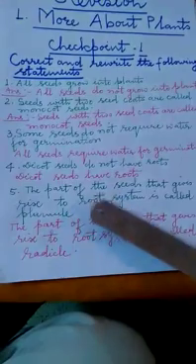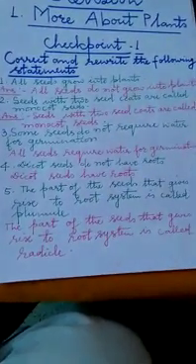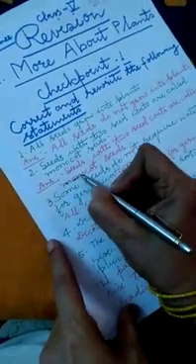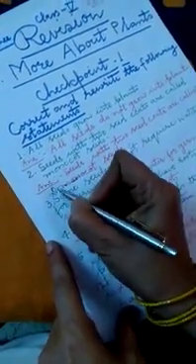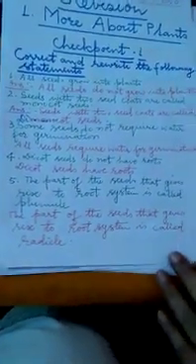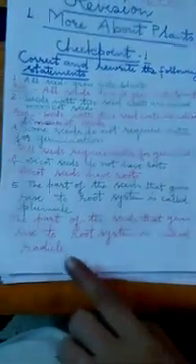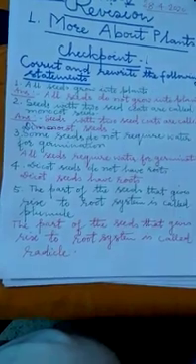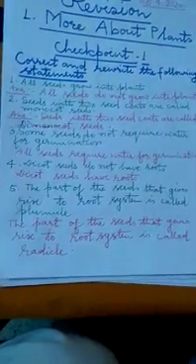No, the plumule is the shoot system and the root system comes from the radicle. So the part of the seed that gives rise to the root system is called radicle.